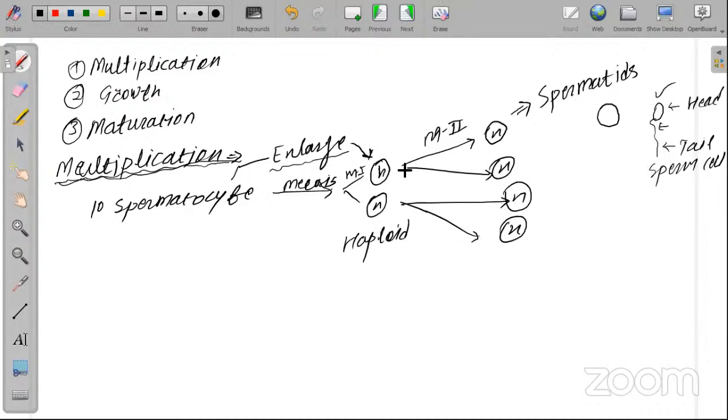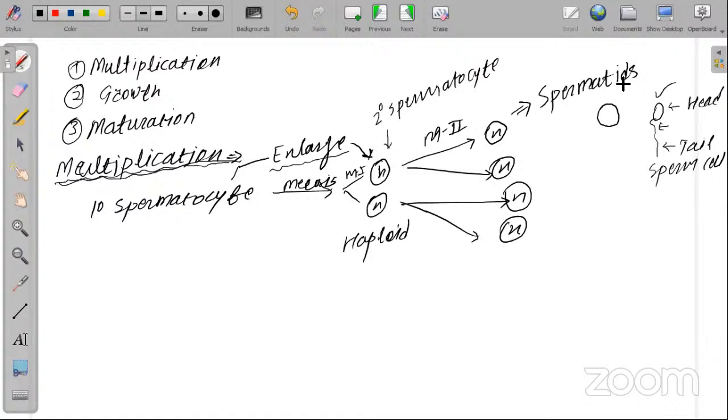This is also known as a secondary spermatocyte. इसे हम secondary spermatocyte भी कहते हैं. That is the first haploid cell, and this is a spermatid. So this is the process of spermatogenesis up to the spermatid.